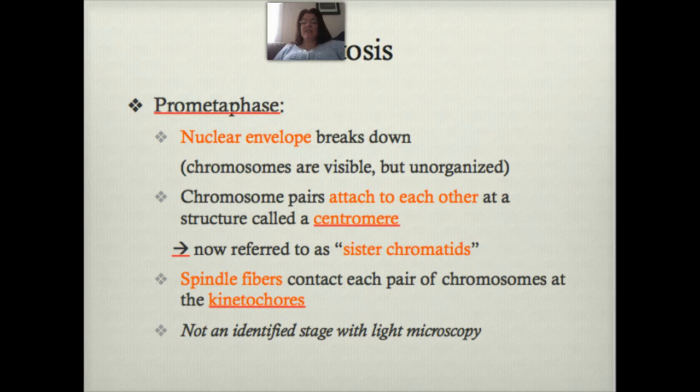Sisters because they're identical to one another, and chromatids because they are condensed chromosome material. At the prometaphase, the spindle fibers will be in place and will attach to each pair of sister chromatids at the kinetochore. Remember, this is not a stage that we typically are able to see.